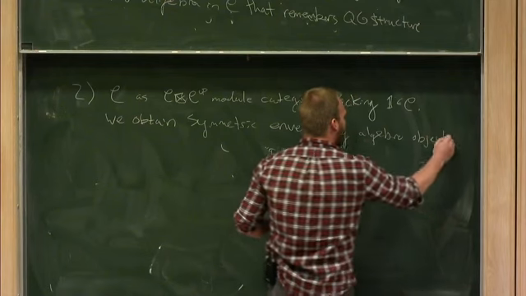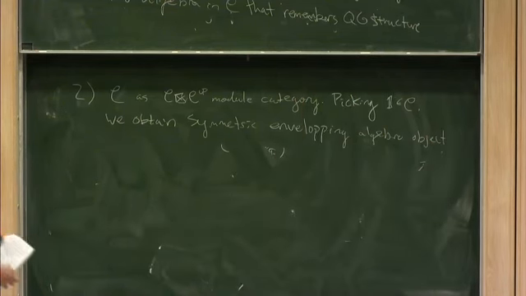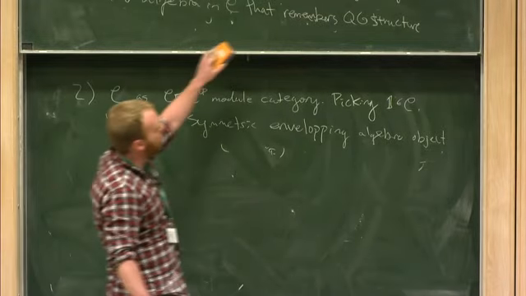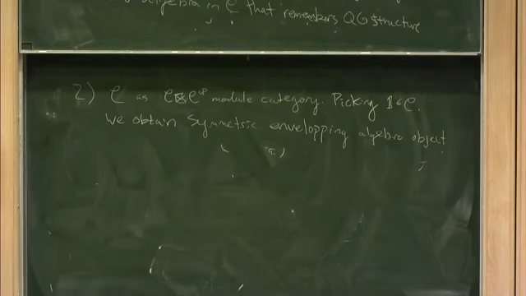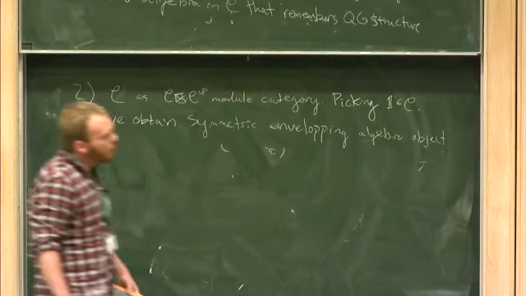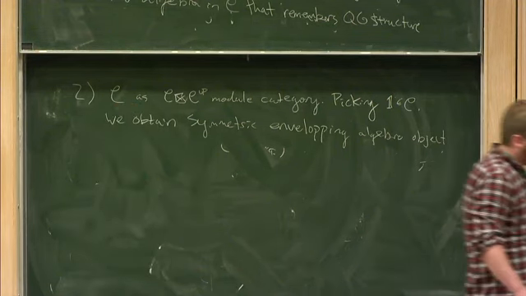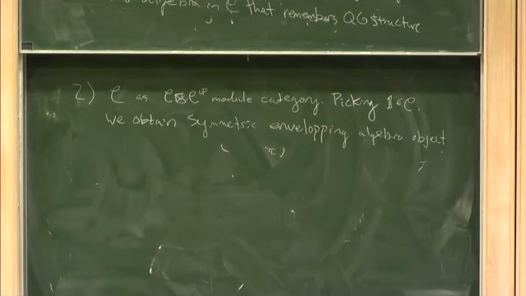Okay. But before I give more examples, what do I mean by it remembers the quantum group structure, and why am I calling this the symmetric enveloping algebra object? Well, if we go back over to this situation, we have an obvious notion now of what it means to be a UCP map between algebra objects. We've kind of built that into the definition. So what was a UCP map between algebra objects here?